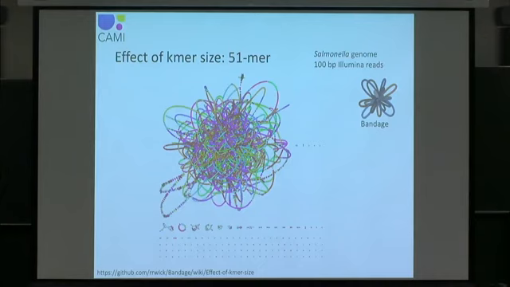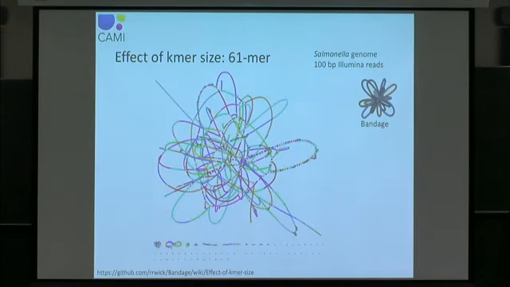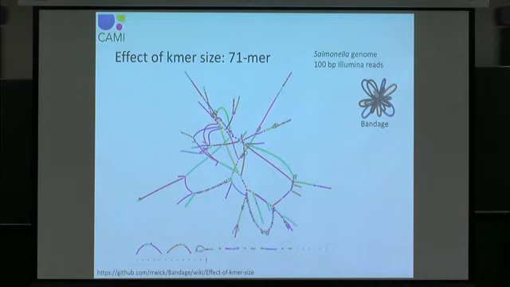This is looking at a Salmonella genome with 100 base pair Illumina reads, and this is an assembly for 51-mer. What you see is that everything is entangled and you don't really see the genome structure. If you increase the k-mer size, it looks much nicer now. You get longer stretches of contigs, and you can go on with longer k-mers, and it seems that you are now getting at your genome, basically.